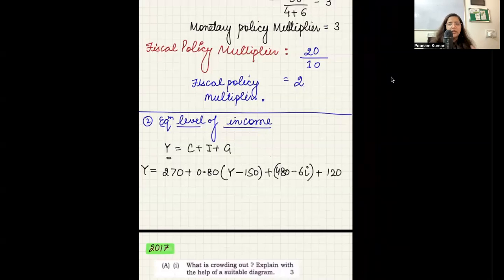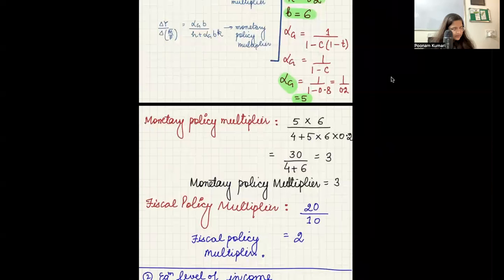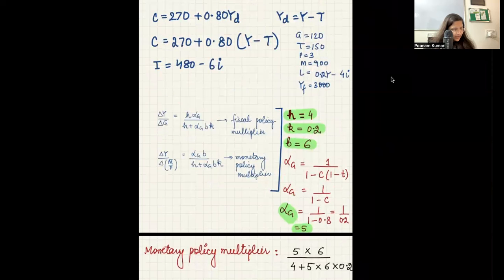In your exam, you should be careful, because there is stepwise marking, so it really helps if you write everything. Otherwise, only if your final answer is correct will you get the required points. Okay, so this was C, this is I, and this is G. I don't think there's any problem here so far.